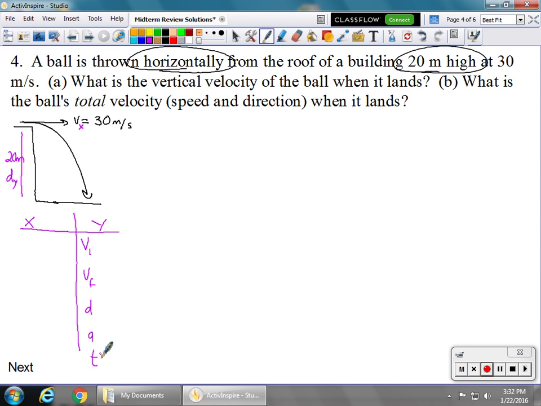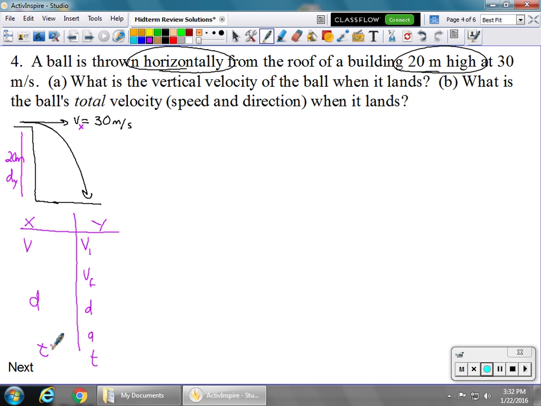In the x direction, it's constant velocity, which means acceleration is going to be 0. So we don't need all 5. We only need velocity, displacement, and time. So let's set this up. We're going to fill out our table.